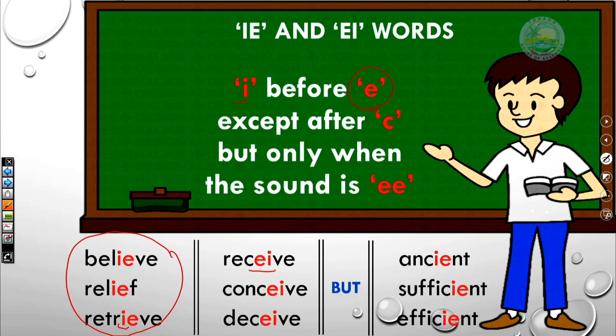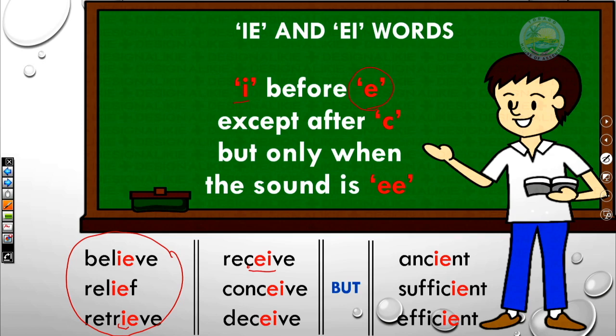So because of the E sound and of the C that is right here, we spell receive R-E-C-E-I-V-E. The same thing happens with conceive and deceive. The C is here, so we say E-I instead of I-E.